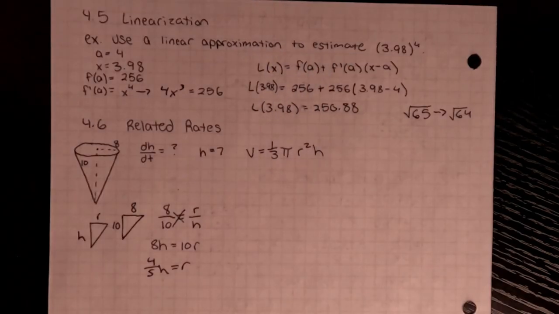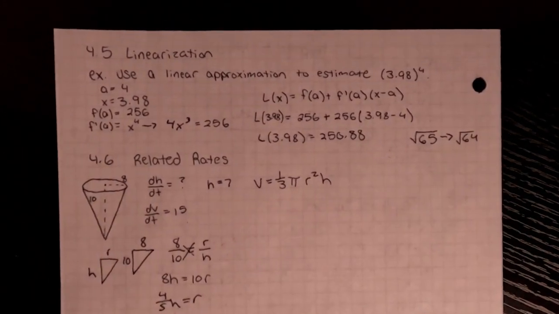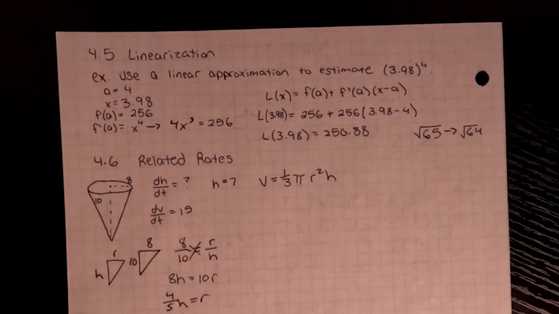Since the original problem states that the water is draining at a rate of 15 meters cubed per hour, that tells us our dV dt is 15. You should probably do that in the beginning, but it doesn't really matter until you have to start plugging numbers in.